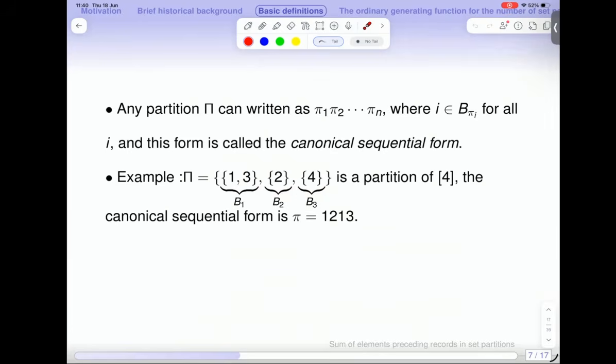The corresponding word is 1, 2, 1, 3, because 1 is in block number 1, so the first letter is 1. 2 is in block number 2, so the second letter in the word is 2. 3 is in block number 1, so the third one is 1. And 4 is in block number 3, so the fourth one is 3.